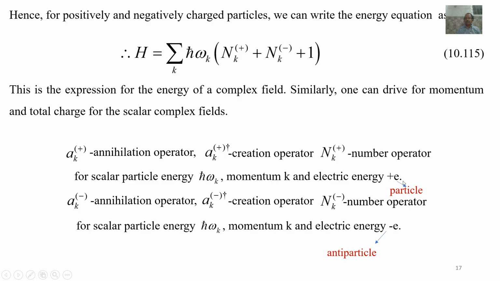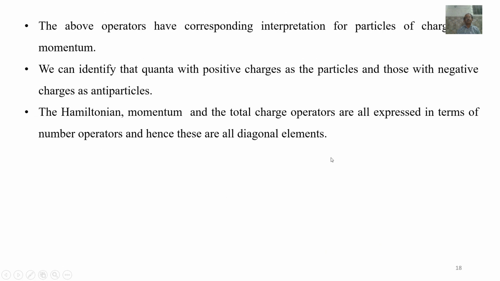So you have ak minus referring to the annihilation operator, ak minus dagger denoting the creation operator, and nk minus the number operator for a scalar particle with energy H bar omega and momentum k, with electric charge minus E, which stands for the antiparticle. So to conclude, the above operators have corresponding interpretations for particles of charge and momentum.